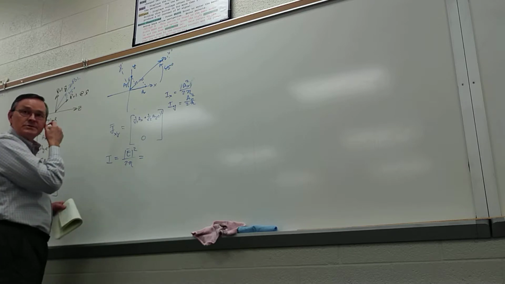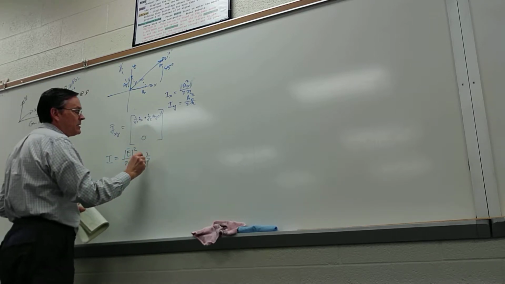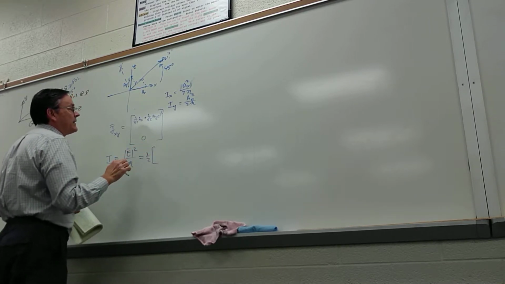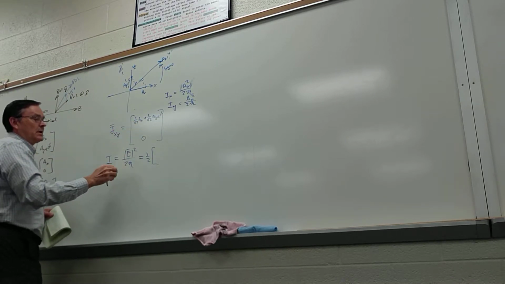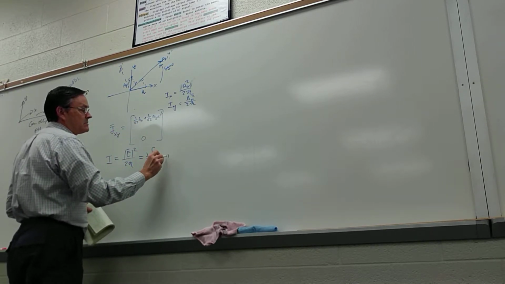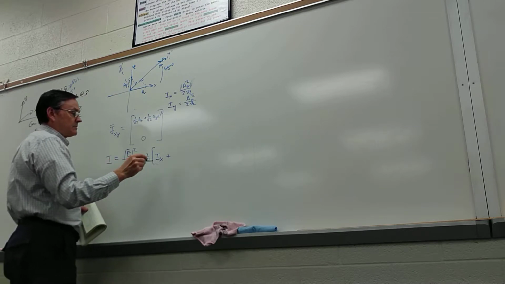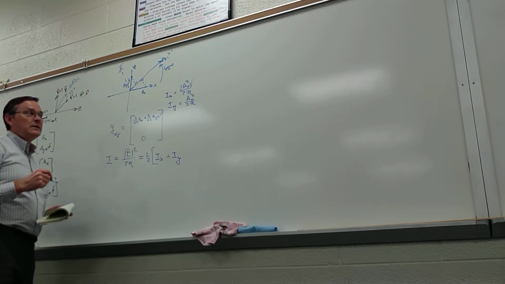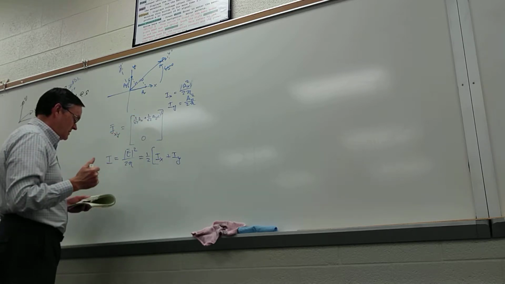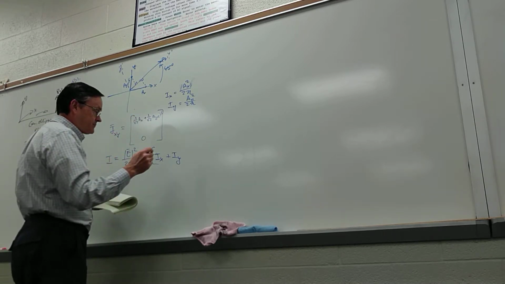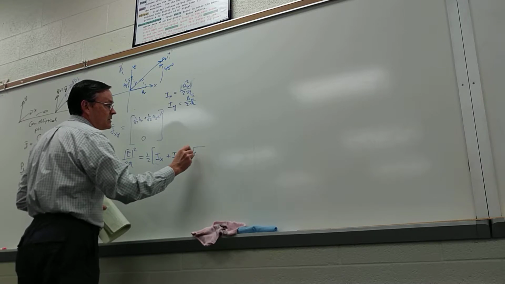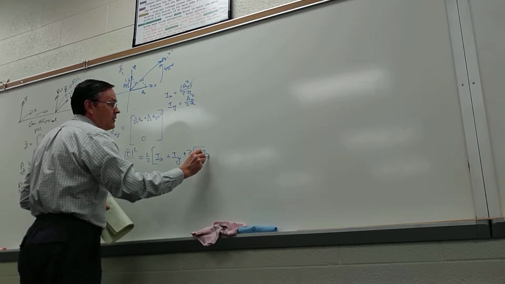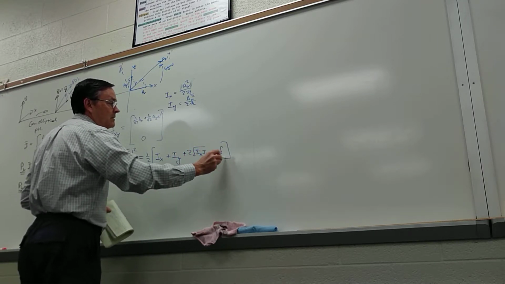The 1 over root 2 is common. I can pull it out. That's going to give me a 1/2. And then I'll have an AX squared over 2 times eta. That's just IX. I'll have an AY squared over 2 times eta. That's just IY. And then I'll have the cross terms. And that will give me 2 times square root IX IY cosine of delta.